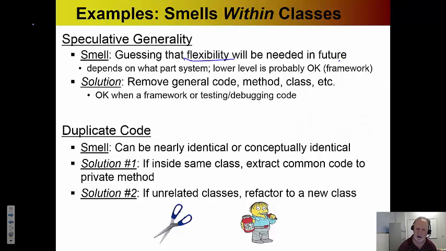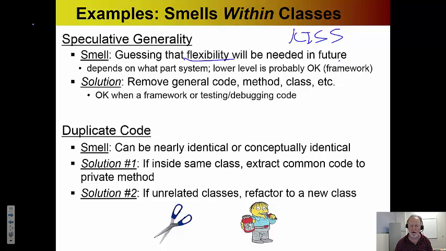Java servlets originally had a generic interface for being able to support FTP servers and mail servers and HTTP servers. At the end of the day, they dropped all that because the only thing anybody ever really wanted and used it for was an HTTP or web server. That was speculative generality on their part, at a somewhat coarse level. At the low level, basically, it's the KISS principle: Keep it simple, silly.